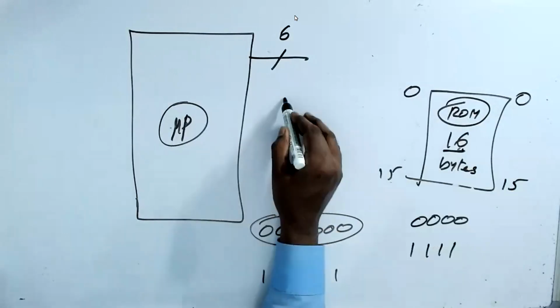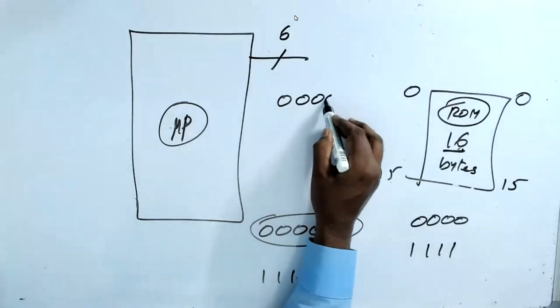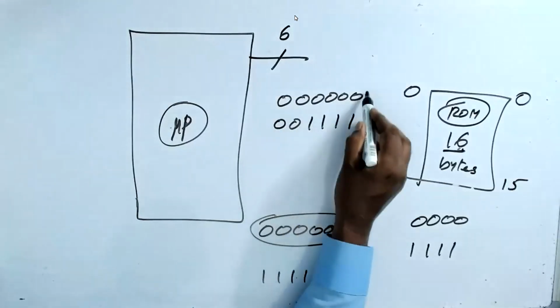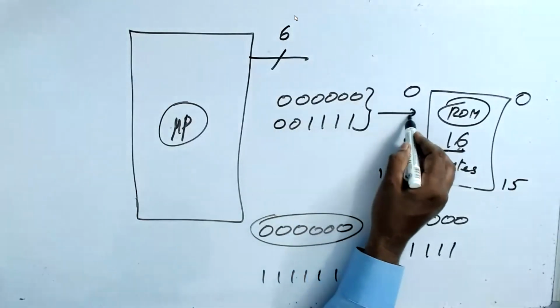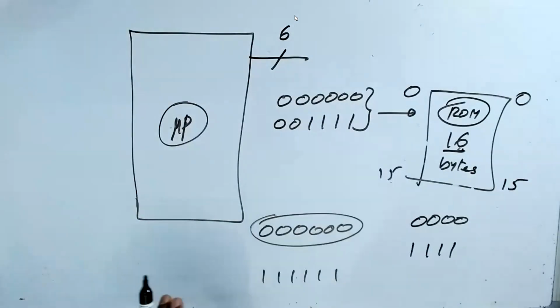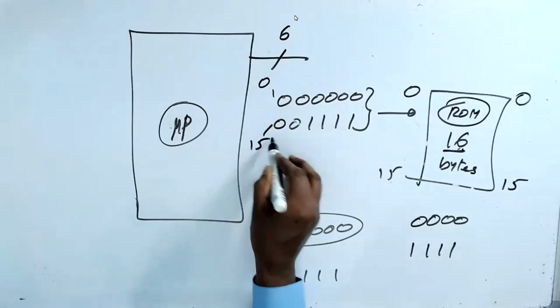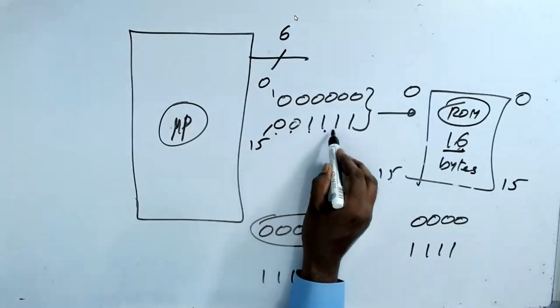So from 000000 up to 001111 should go to ROM. Is it clear? This is 0, this is 15.